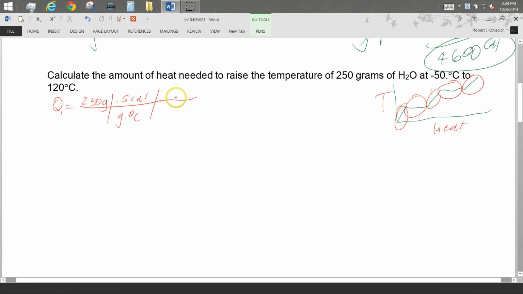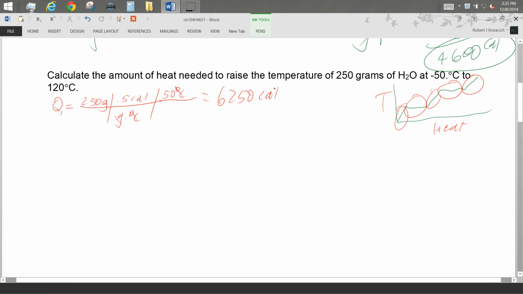And the change in temperature is 50 degrees Celsius. So cancel those and cancel those. And I don't know, what is that? It's got to be like 10,000, 8,000. 250... 6,250.